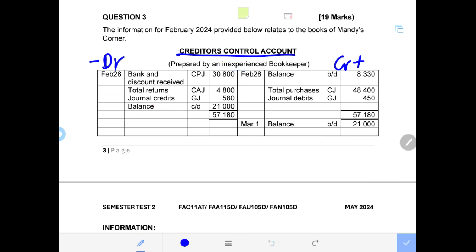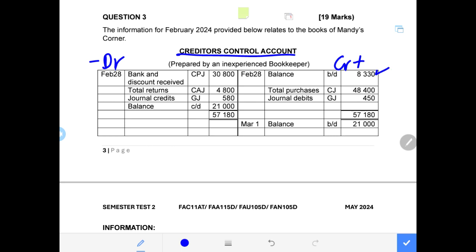Then on the credit side, we have our balance brought down. Remember, this is a liability account, and the balance brought down of a liability is always on the credit side. So this is also correct.